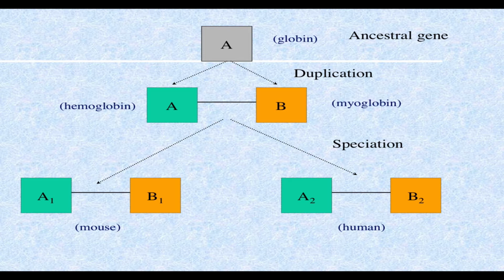If you built a tree that from the mouse grabbed the myoglobin and from the human grabbed the hemoglobin, thinking, well, these sequences are similar, they have a good BLAST value, I will build a tree from them, that tree would not represent the evolutionary history of human versus mouse.